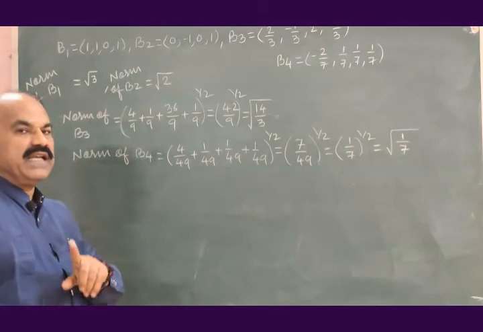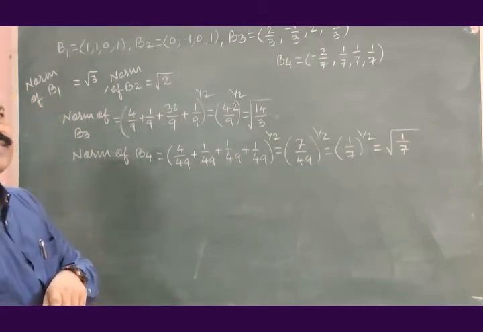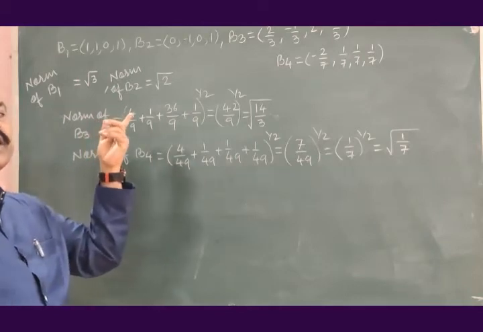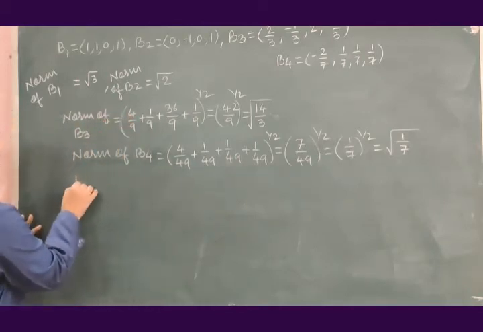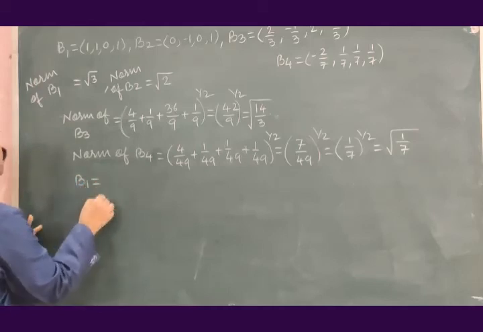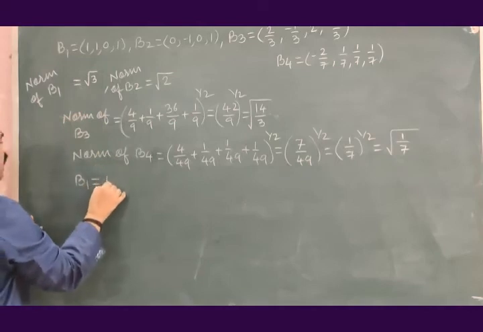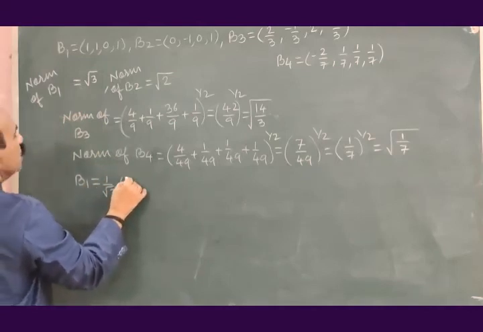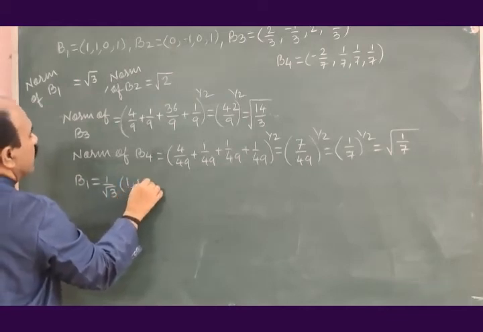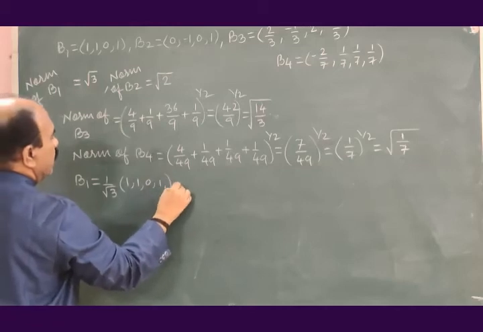And therefore, the orthonormal set of vectors for the given linearly independent vectors will be: B1 is equal to this divided by its norm, that is 1 by square root of 3 into (1, 1, 0, 1).